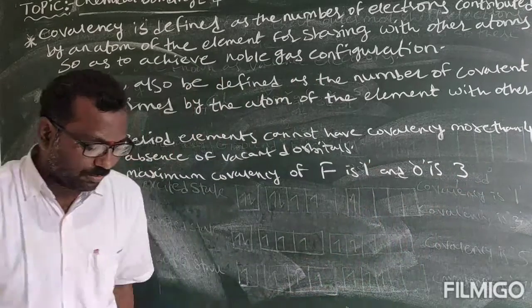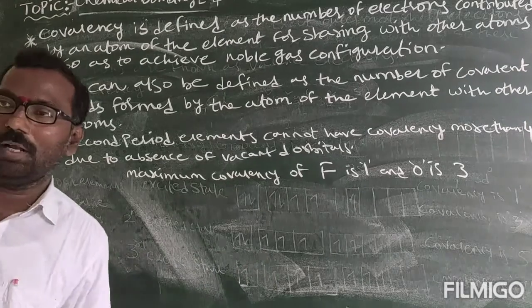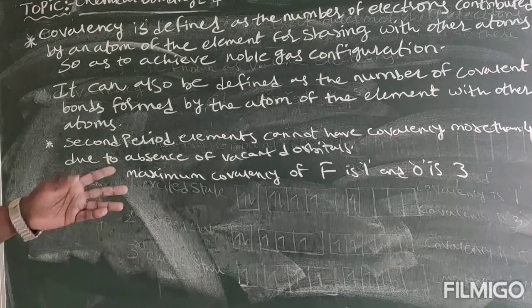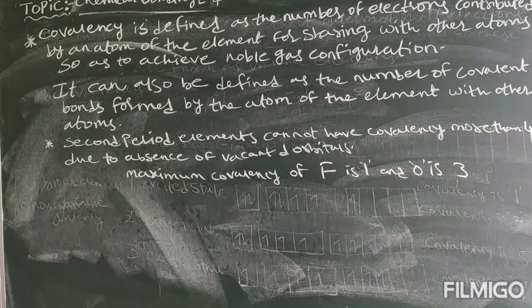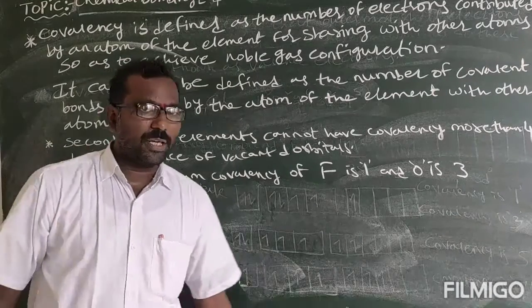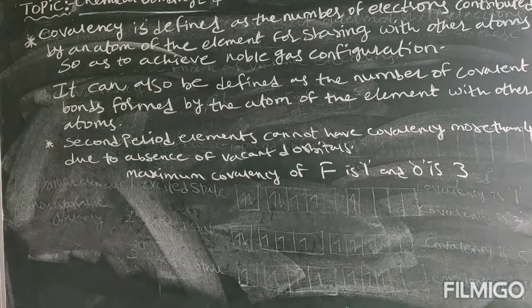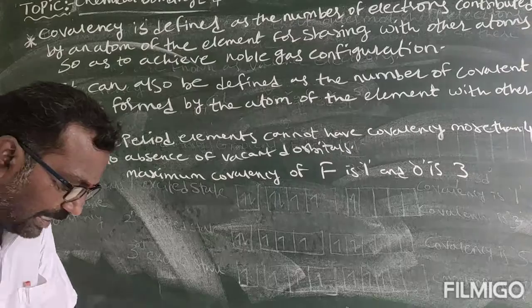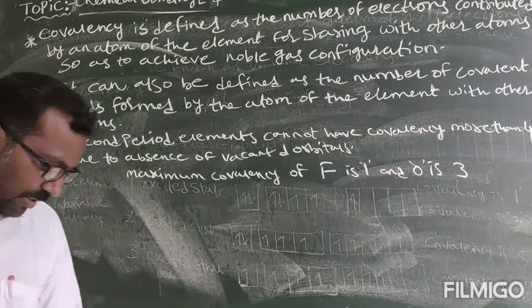That's why fluorine can form only HF, that's all, and oxygen can form CO, CO2 and H2O, single bonds and double bonds only. So maximum covalency is 3 for oxygen. So this is all about the valency and covalency things.